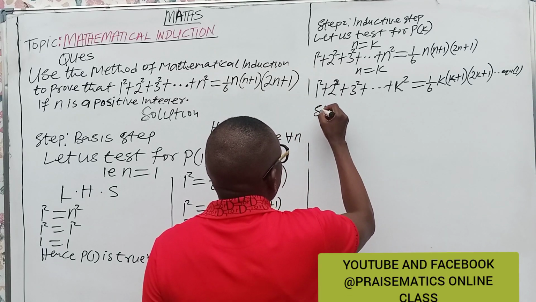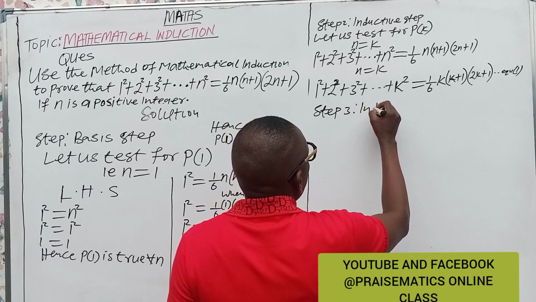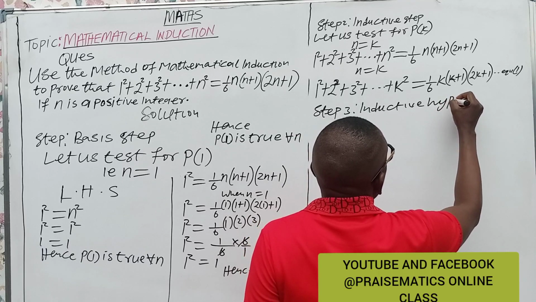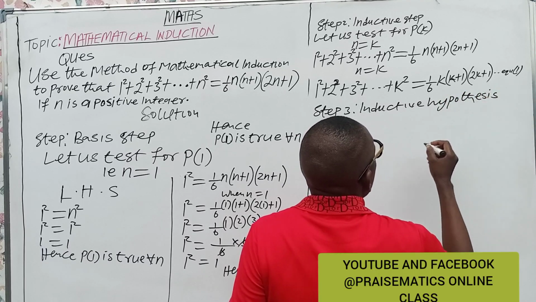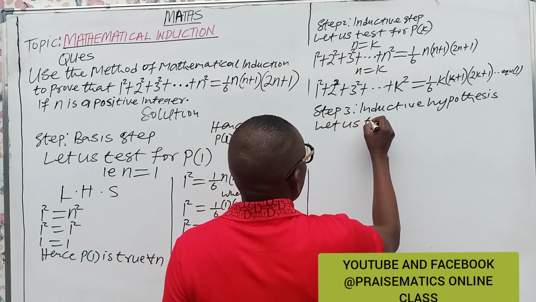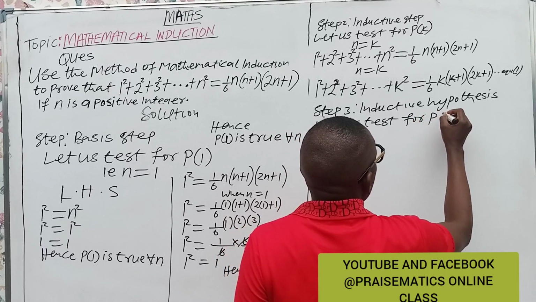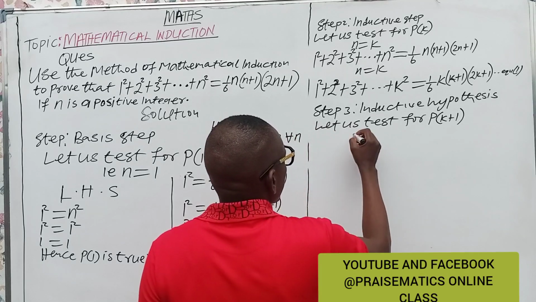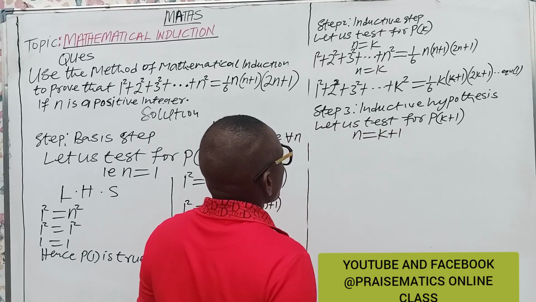Step 3. Case 3. We call it step 3. We have it as the inductive hypothesis. Now, what do we have? Let us test for P of k plus 1, that is, when n equals k plus 1.